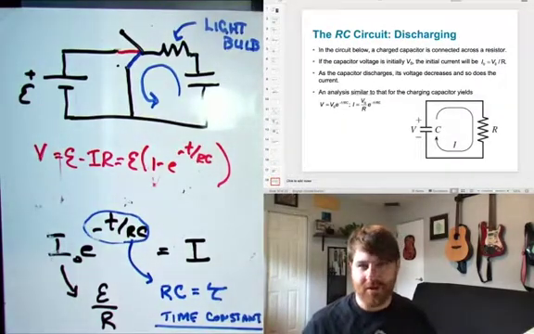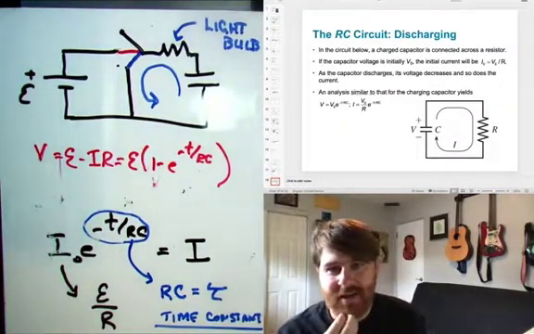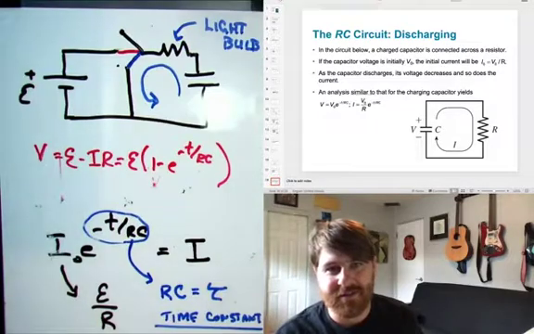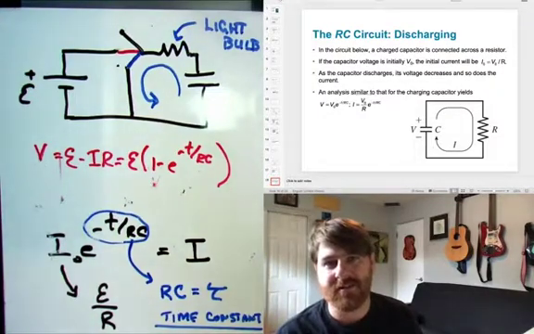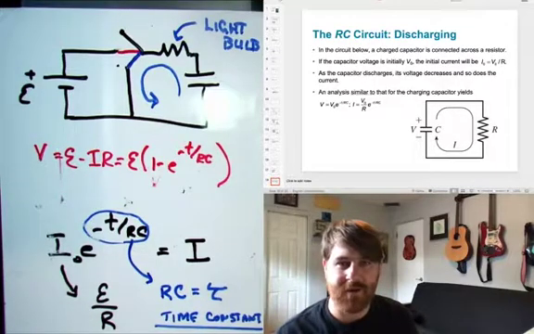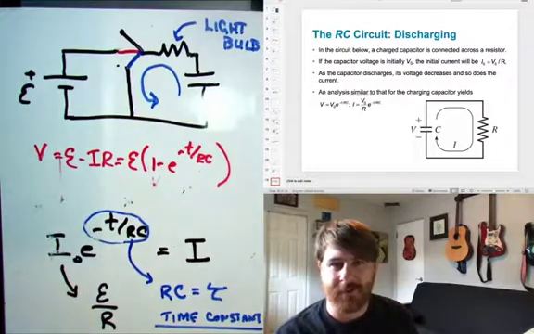So we talked about discharging already. In this case, the current is just V, the initial voltage across the capacitor, divided by R times e to the minus t over RC, same expression that we got before. The difference is that the voltage across the capacitor is dropping, right?